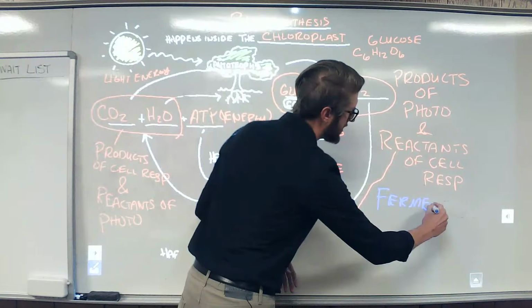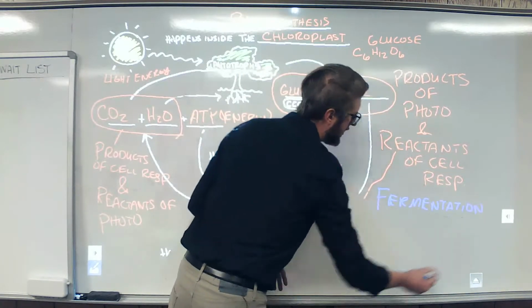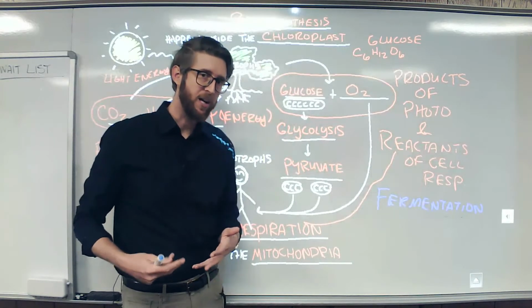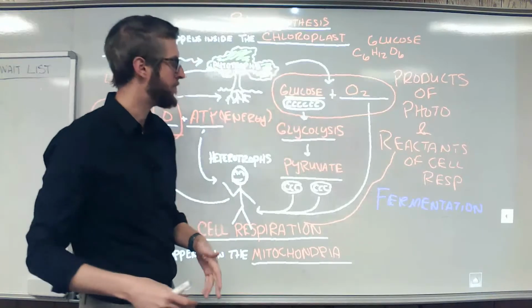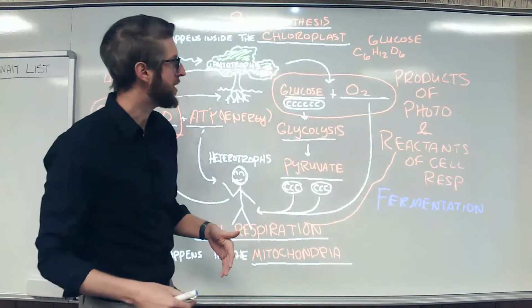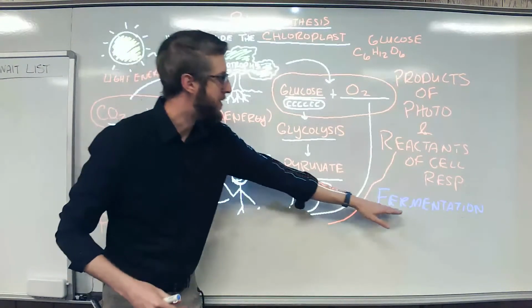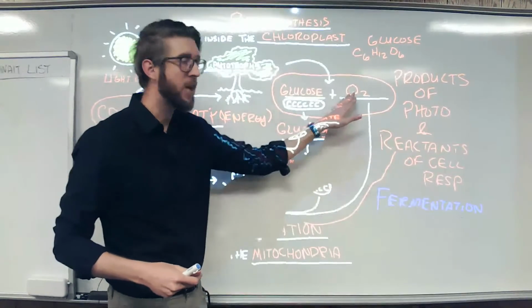If you've ever worked out really hard or ran a long distance, you know that your muscles start to feel like they're cramping, like they're catching on fire, and they start to get sore and then they hurt, right? Well, the reason for that is because your body is low on oxygen and your body is now doing fermentation instead of cell respiration because it's low on oxygen.